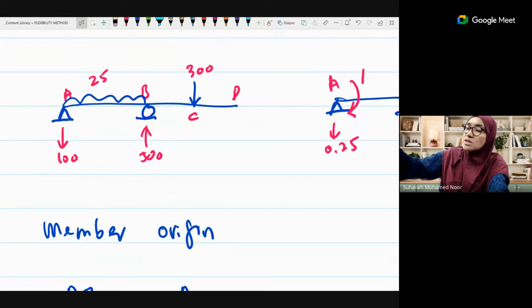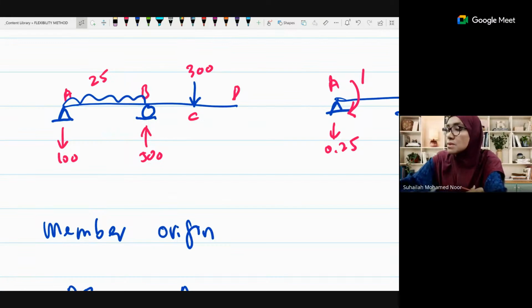From the right. So you can choose C as origin, you can also choose D as origin. So which one? Both are fine. D? Okay, all can be the origin.